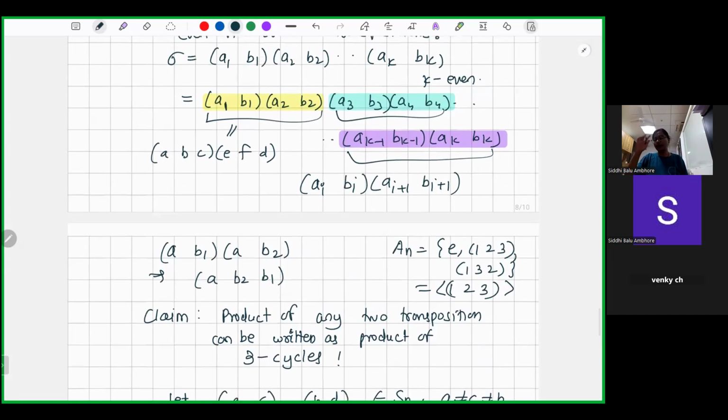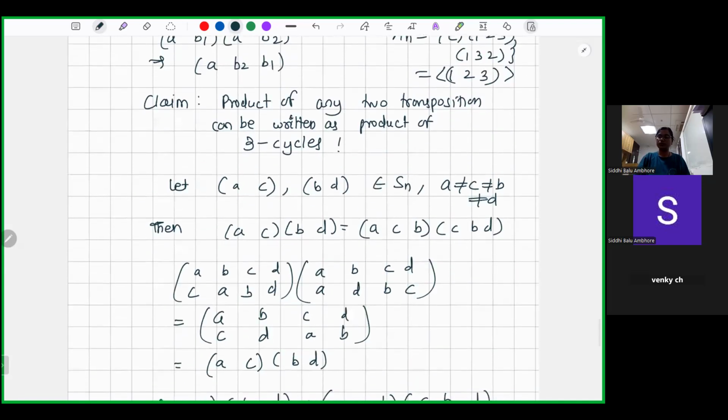So when we are clubbing them, those where one of the elements coincides with one of the elements from the cycle next to it, by default get clubbed as a 3-cycle. So to write them in this form, we are choosing these A, B, C, D to be all distinct.